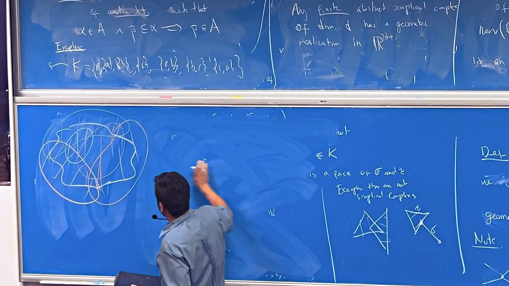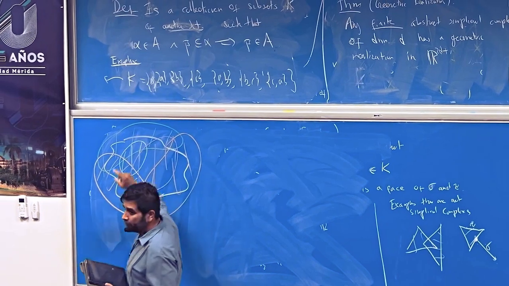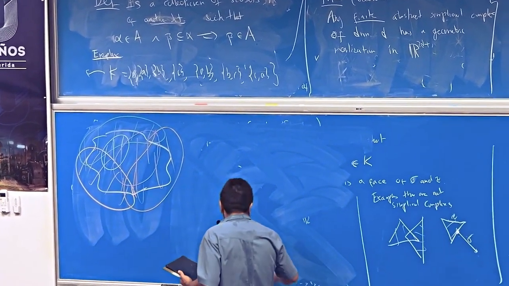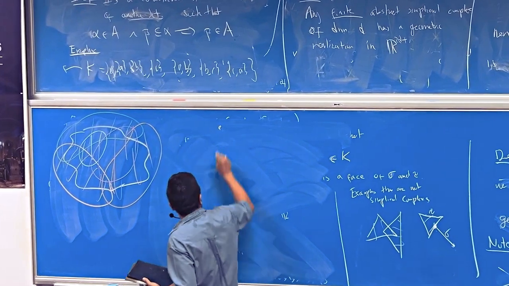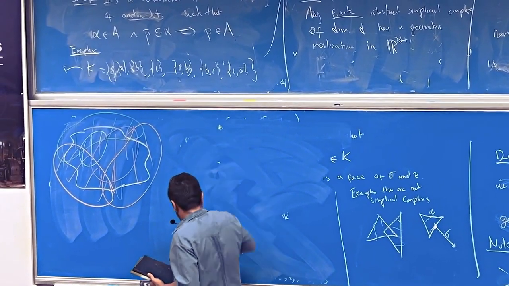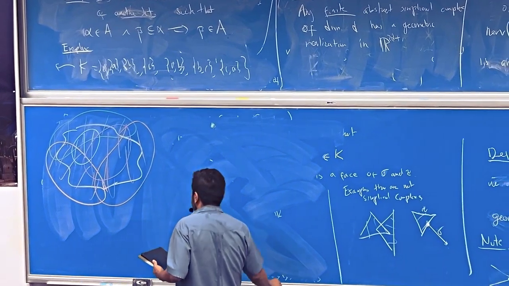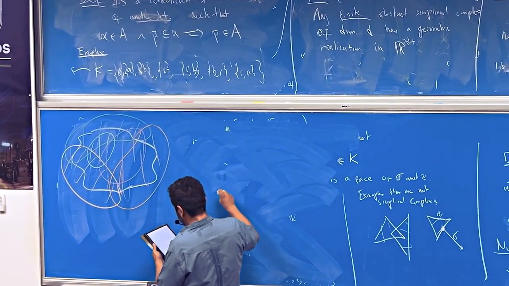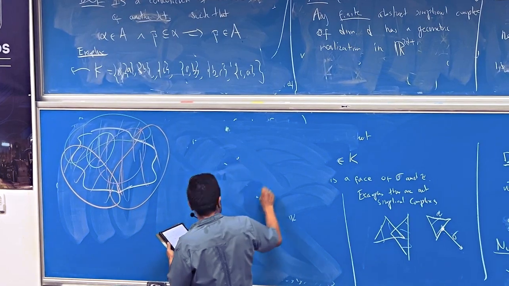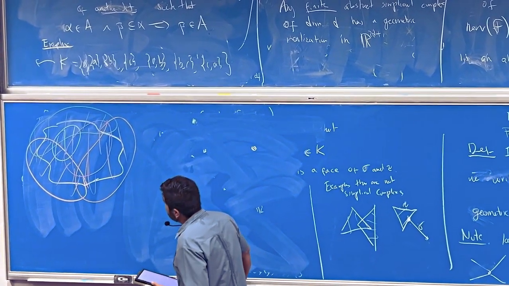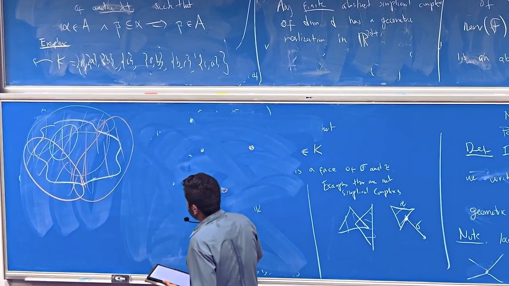So at the end of the day, we have to mark a point for every set. In this case, I need to mark a point for the green set. I need to mark another point. Well, 1, 2, 3, 4, 5 points, right? And this one is for the brown.